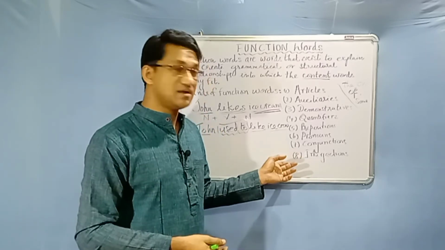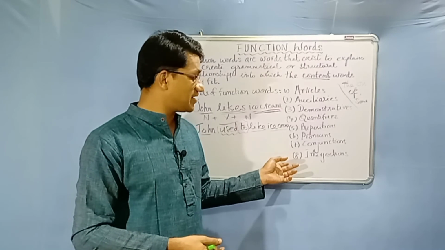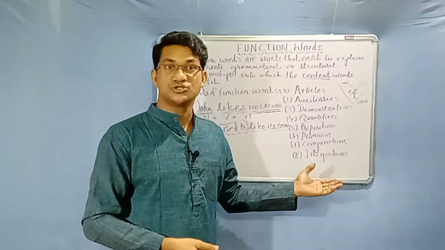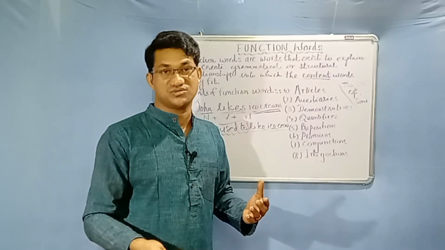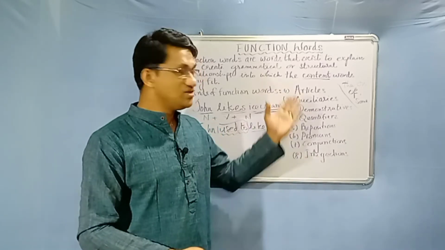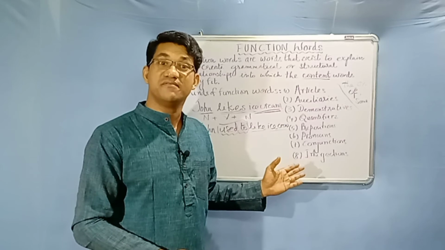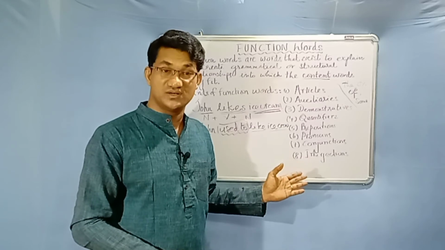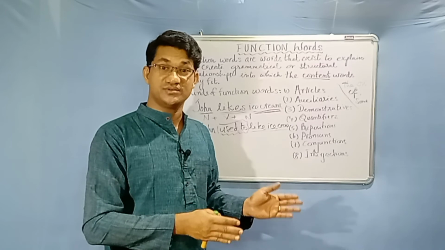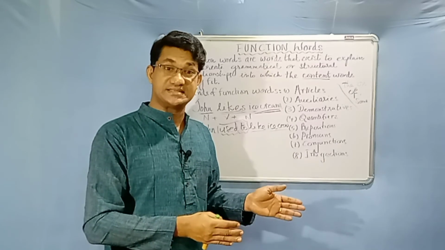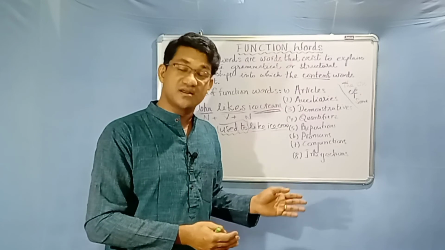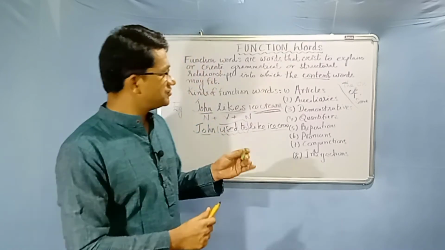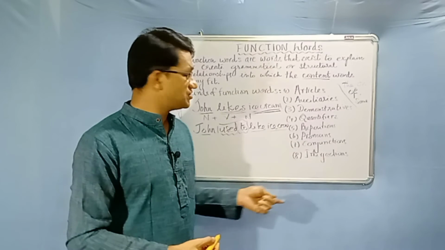And the eighth type is interjections. Again, small little words with which we make bigger structures, bigger sentences. So these are the different types of function words: articles, auxiliaries, demonstratives, quantifiers, prepositions, pronouns, conjunctions, and interjections. Now we have to study all this in detail.